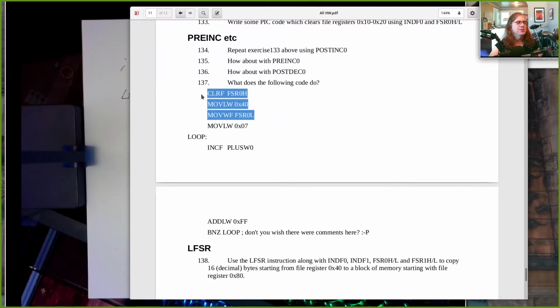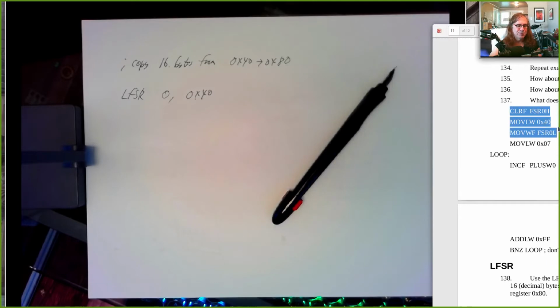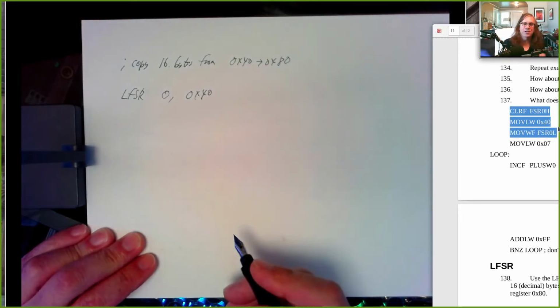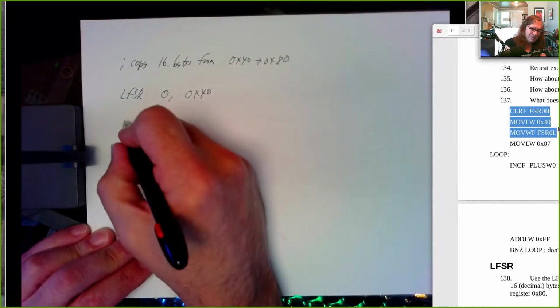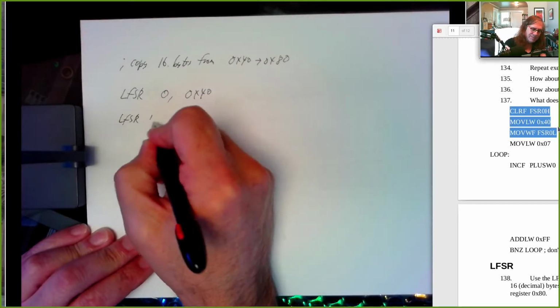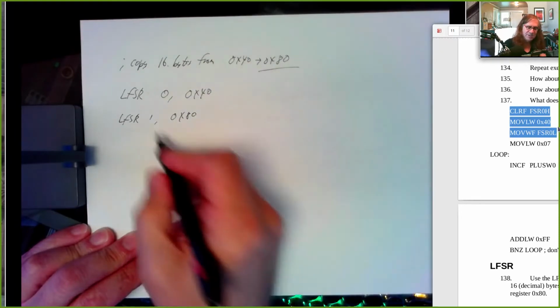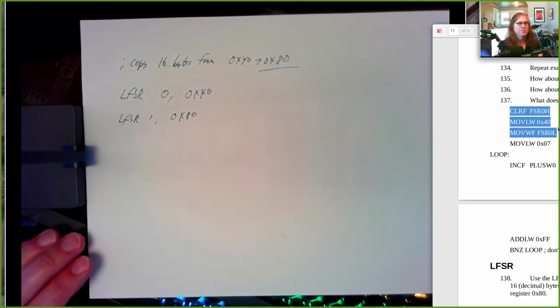But those three instructions could be done with one, LFSR 0, 0x40. So whichever you prefer. So this loads the source address into file register 0, and then if we go load file select register 1, that loads the destination address into file select register 1.